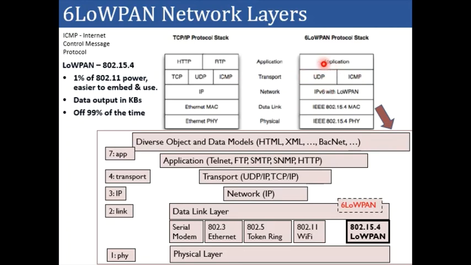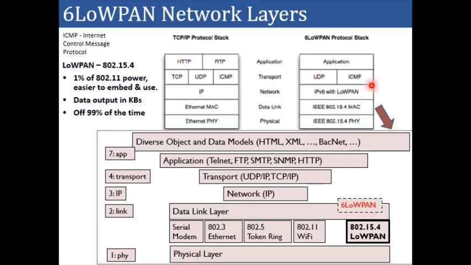The only change is that in case of 6LoWPAN we generally utilize UDP rather than TCP to save response time. And then on top of that you have the same application layer in both protocol stacks. So application and transport layers are the same in both.